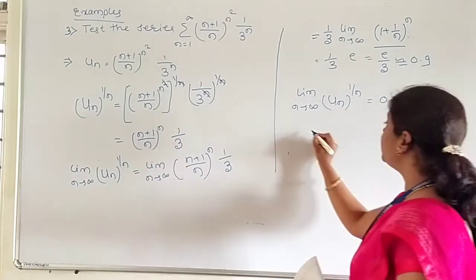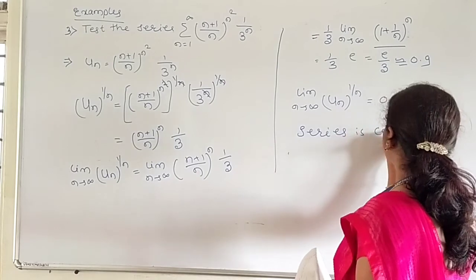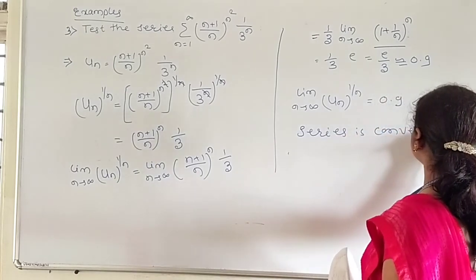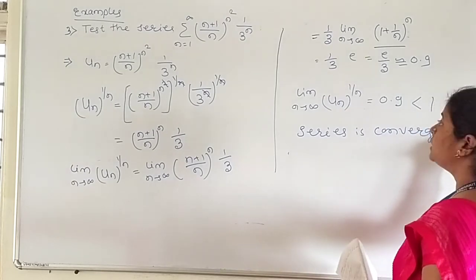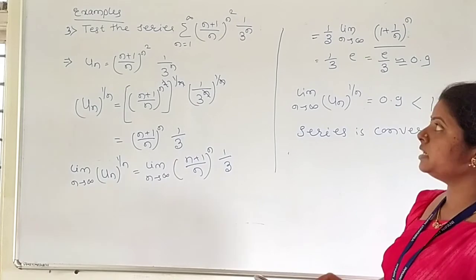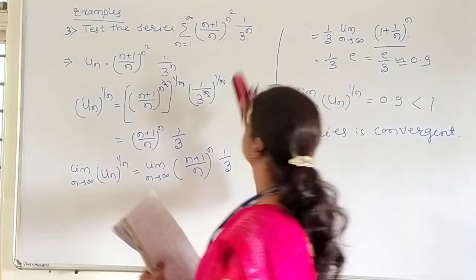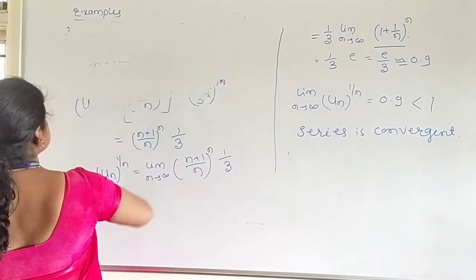Less than 1 means the series is convergent. Like this you have to understand whether the series becomes convergent or divergent. One more example we have to see.